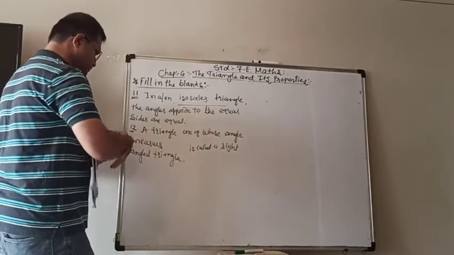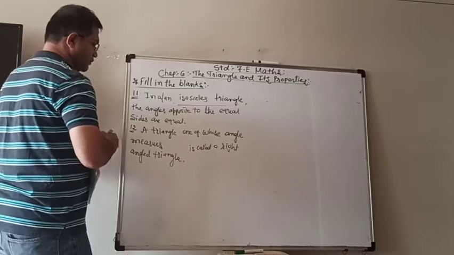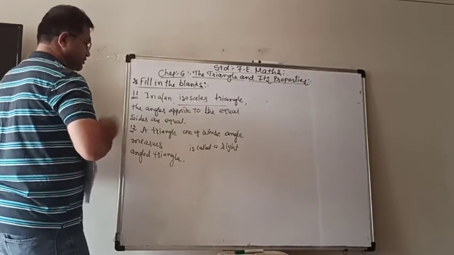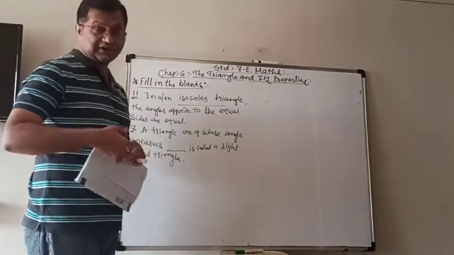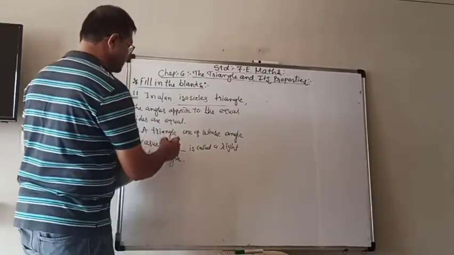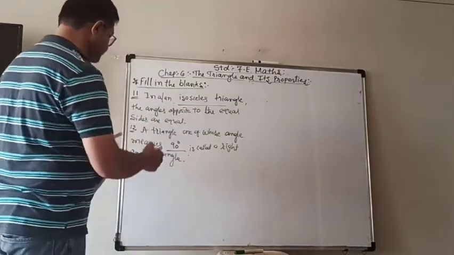So now we know that a triangle having one angle that measures which one? 90 degrees. And it is a right angle triangle. So the answer is 90 degrees.